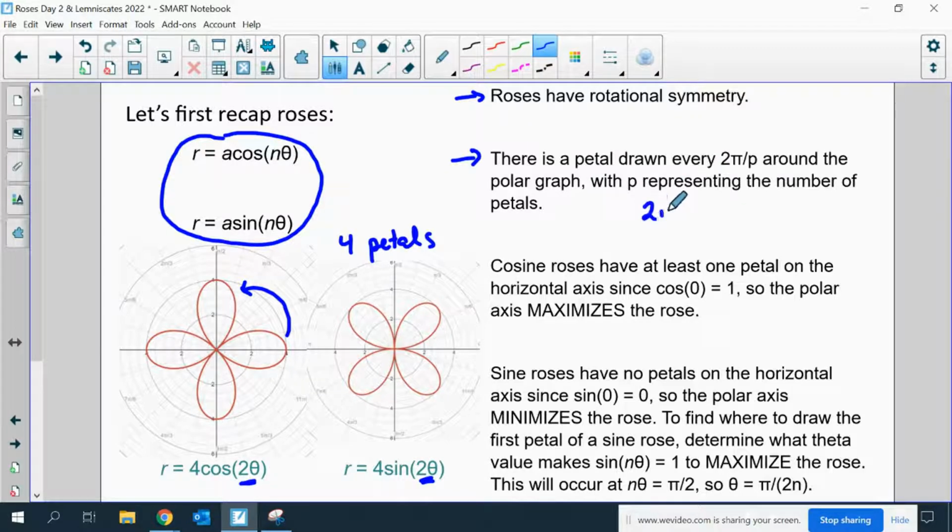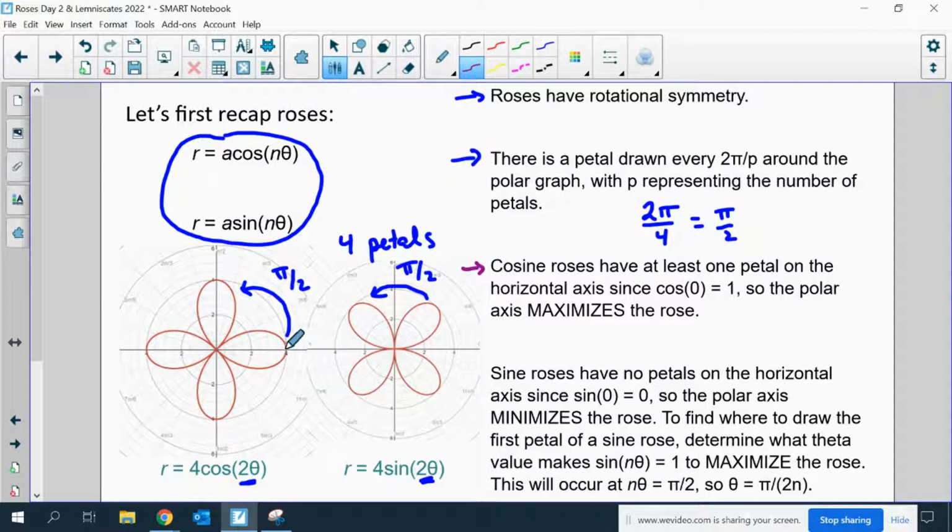So we take 2 pi divided by the number of petals, and pi over 2 is how much we rotate from one petal to the next. All the way around, we end up with 4 petals, and then we're back where we started.